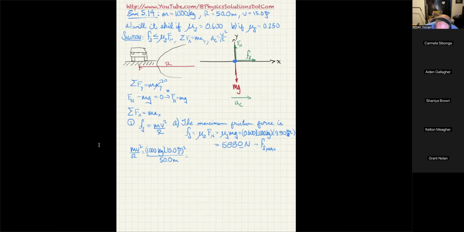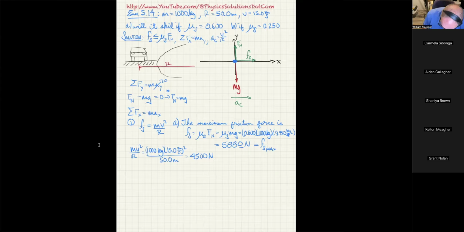That gives me 1,000 times 15 squared divided by 50 gives me 4,500 newtons is mv squared over r.